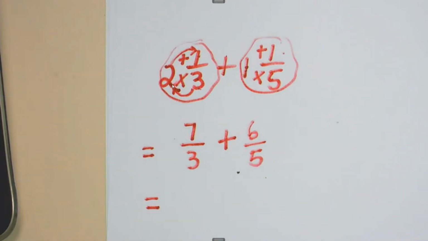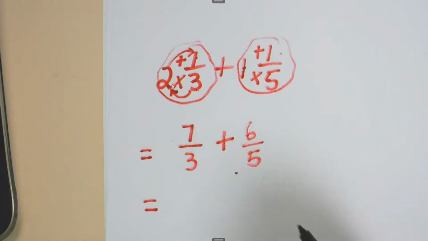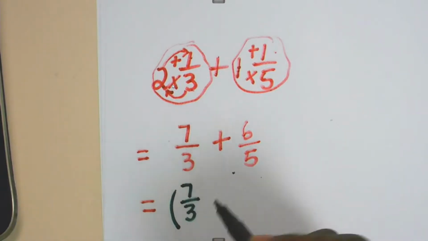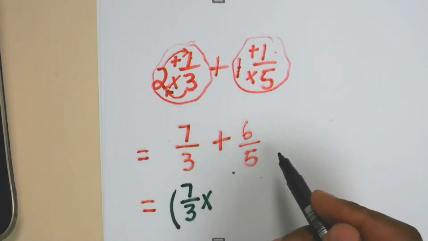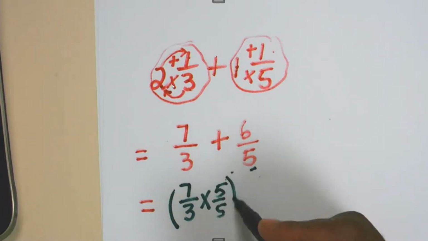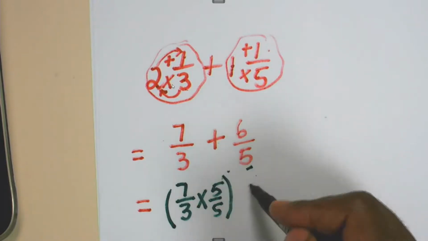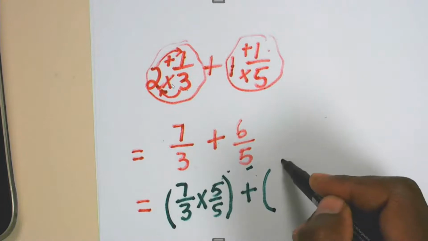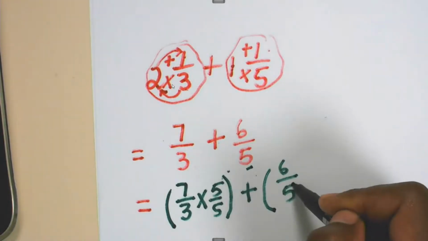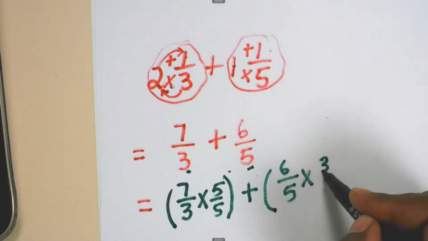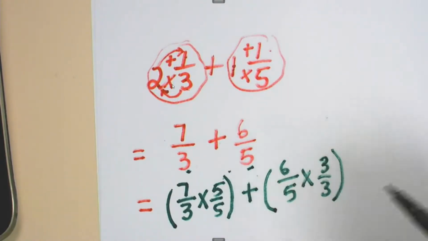We apply our golden rule that we learned from the fractions, whereby we open a bracket, write the fraction as is, multiply it by the denominator of the other one, close the bracket, then put the plus sign, open another bracket, write the fraction as it is given to us, multiply it by the denominator of the first fraction, which is 3 out of 3 in this case, close the bracket.